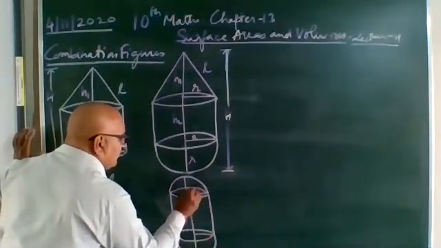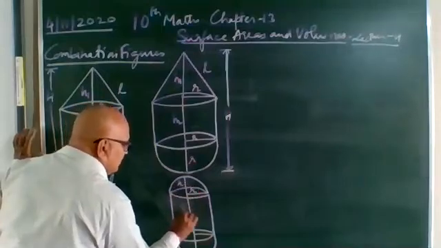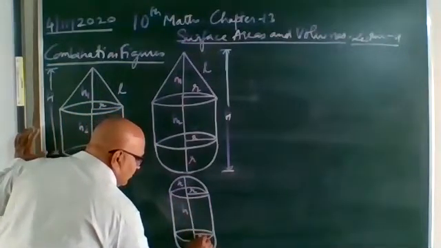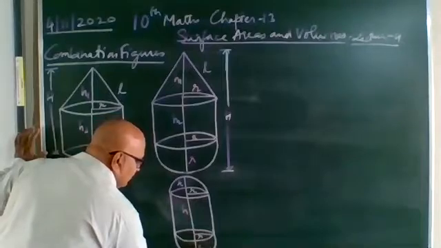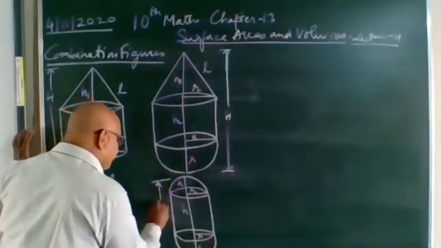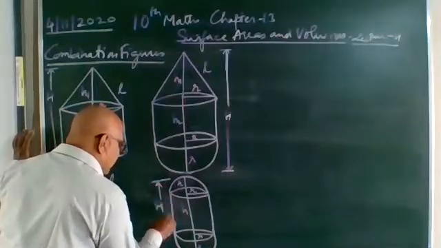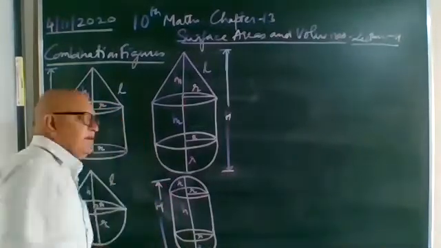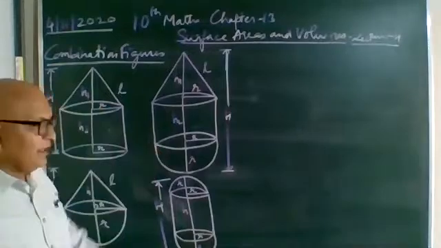This is R, this is H, this is R, and this is R. So the total H will be this one. This is capital H. You will find this type of questions in the refresher or in the NCERT book.